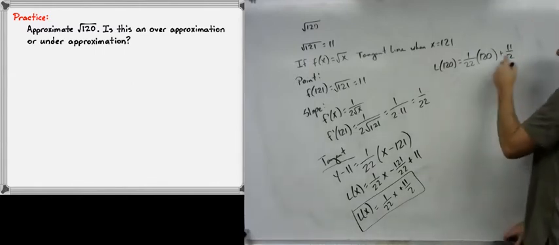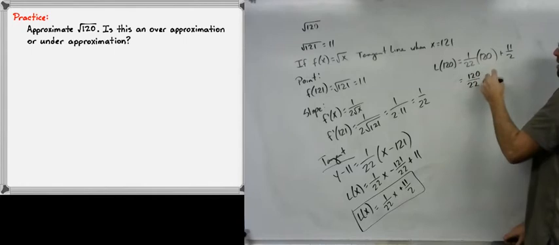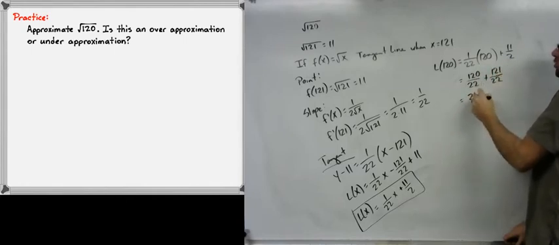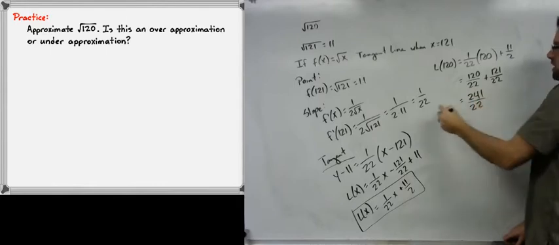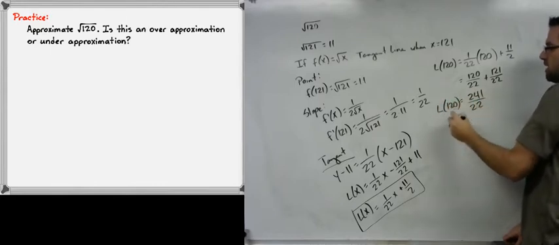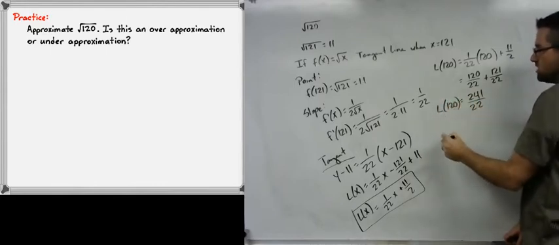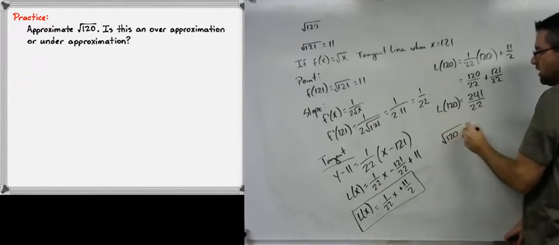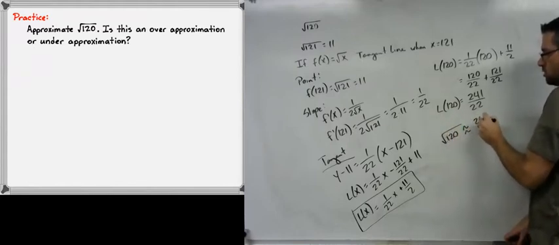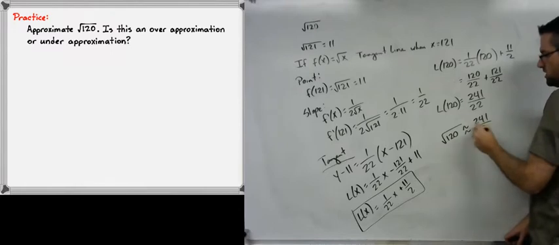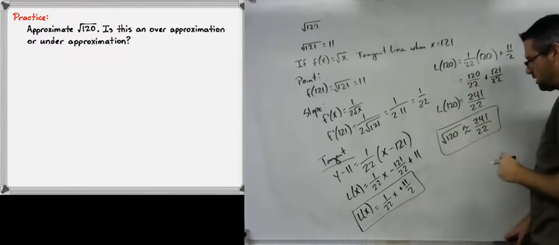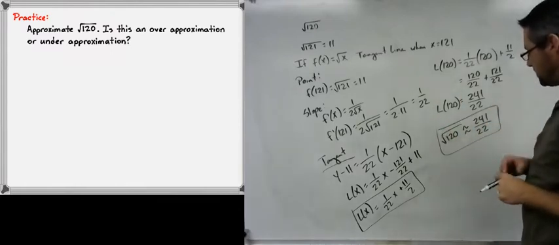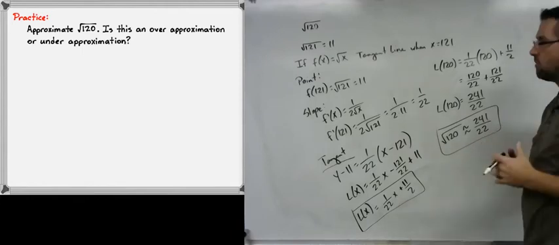We multiply this by 11, so we'd end up with 120 over 22 plus 121 over 22, which is 241 over 22. That's L of 120. And then as a result, we would say that the square root of 120 is approximately 241 over 22. Okay, so that's going to be 10 point something, 10 point high, essentially.